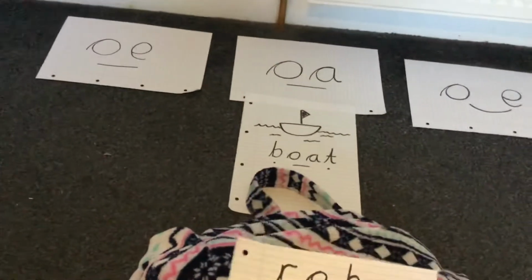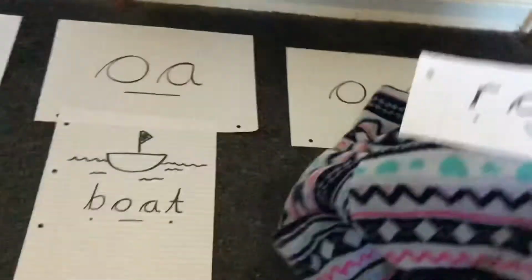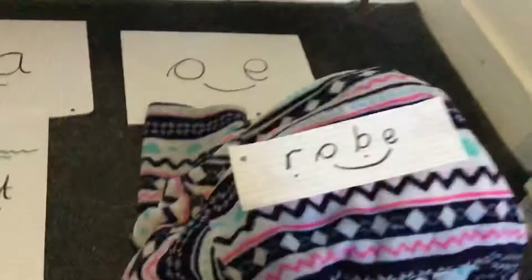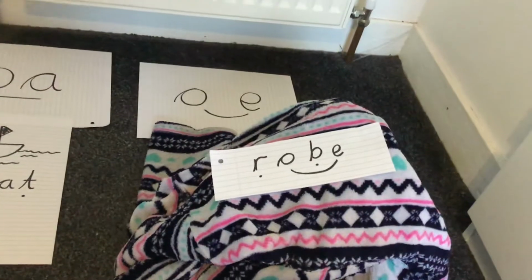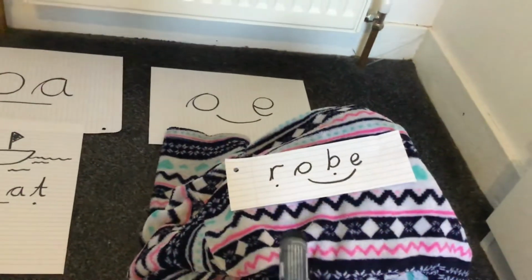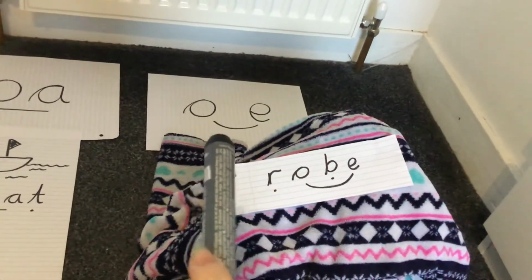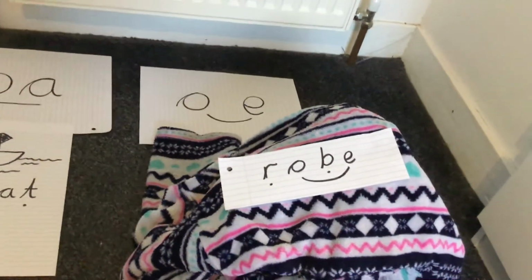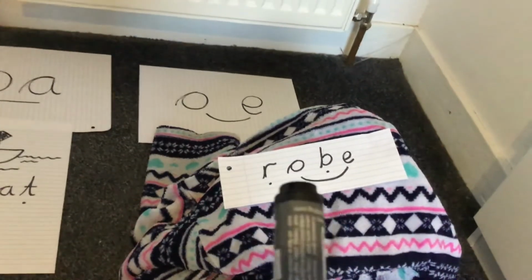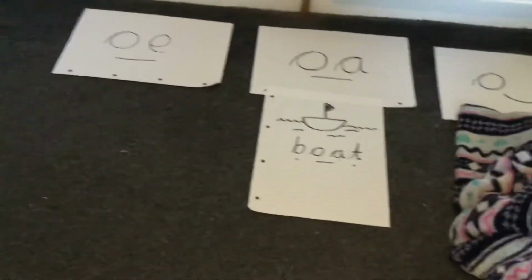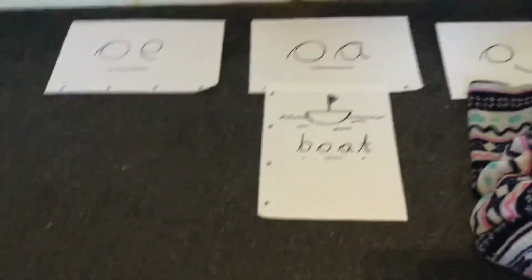And I'm going to put it over here with our o, e split digraph. Do you agree with me? Yeah, well done, because we can see we have our o, e split digraph in both of them. So we know this belongs here.